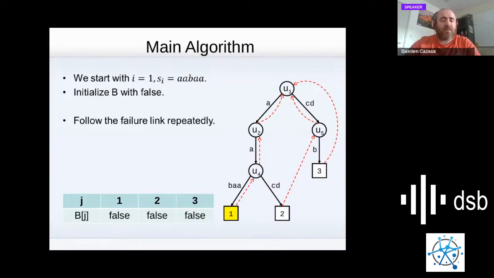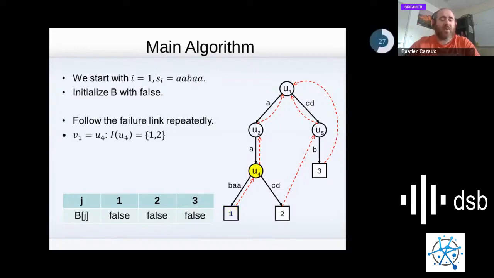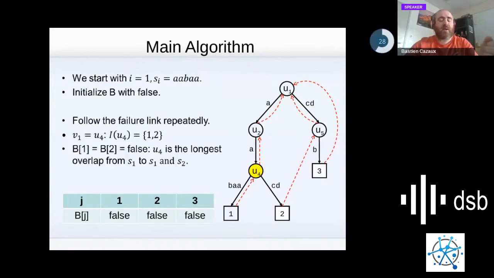And so when you compute, for example, in U4 the interval is 1 and 2. So now we can check in B if B1 and B2 are false. If they are false, you know that U4 is the longest overlap between S1 and S2. So now you know that in the HOG you need to keep it.